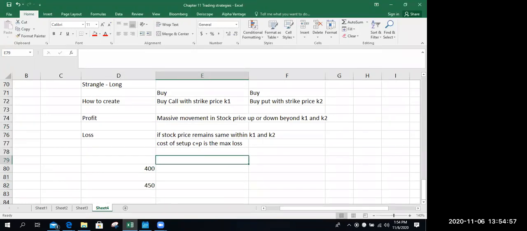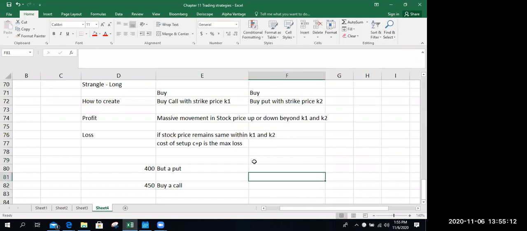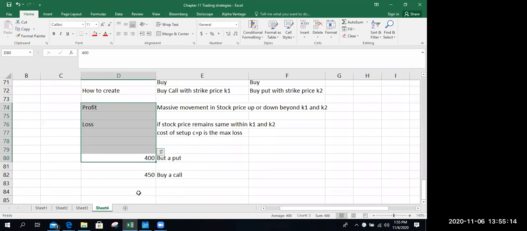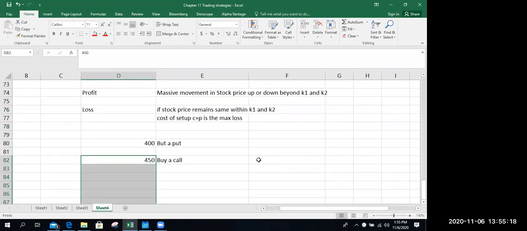So how will we do a strangle? We'll buy a put at 400 and we'll buy a call at 450. When will we make money? If the stock goes below 400 or if the stock goes above 450, we'll make money. Okay, when will we lose money?